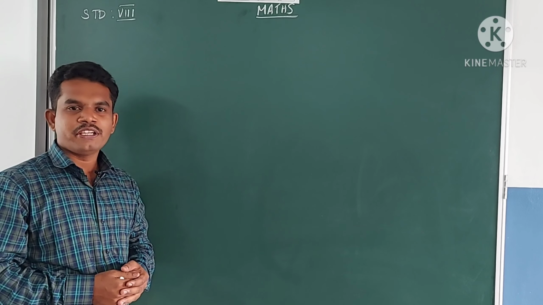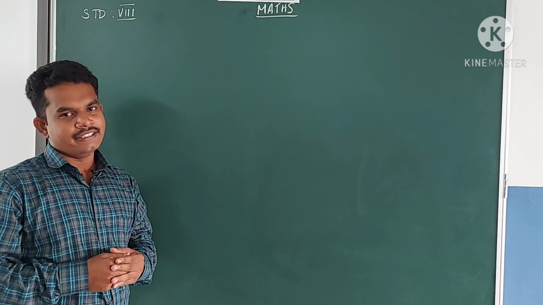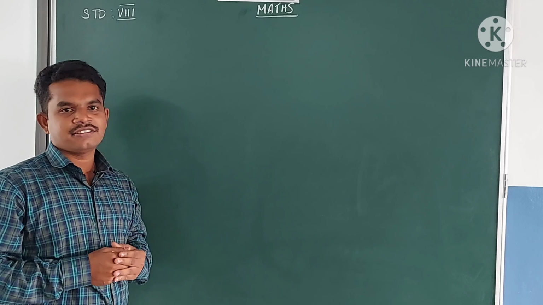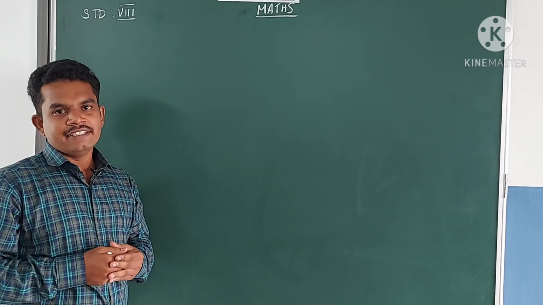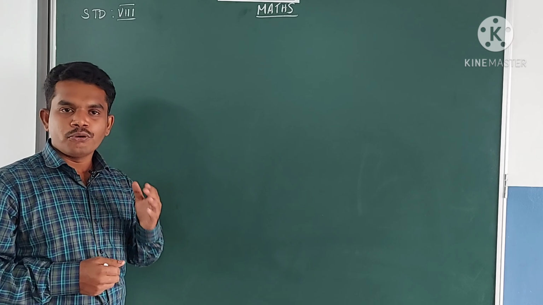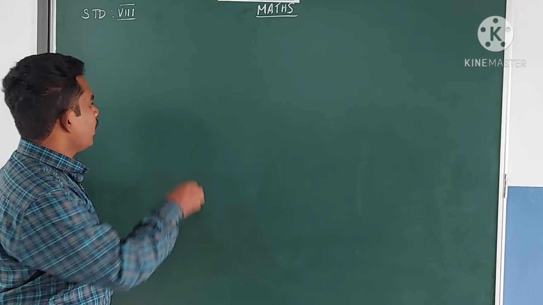Today we are going to learn the algebraic identities. Last class we have learned algebraic identities. That means 4 basic identities. What are they?